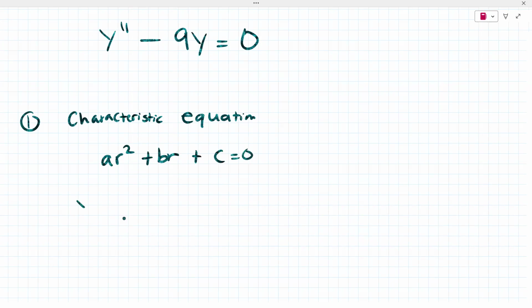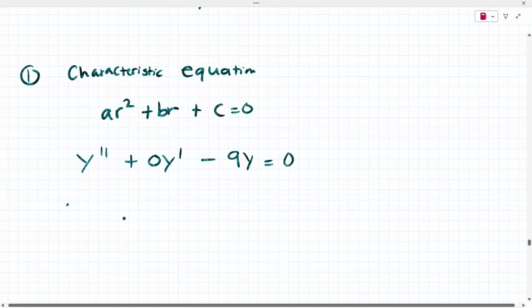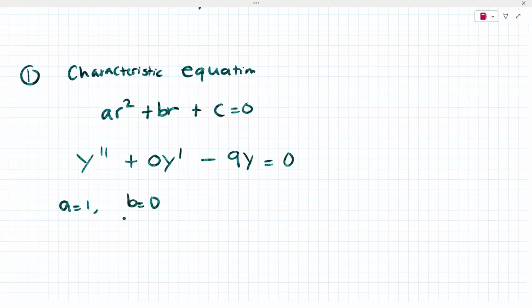So it's going to be y double prime, and we're missing a y prime, so I'm going to just replace that with 0y prime, minus 9y equals 0. Then figure out your a, b, and c. So my a is 1. My b, we don't have a b, so it's 0. And my c is negative 9.